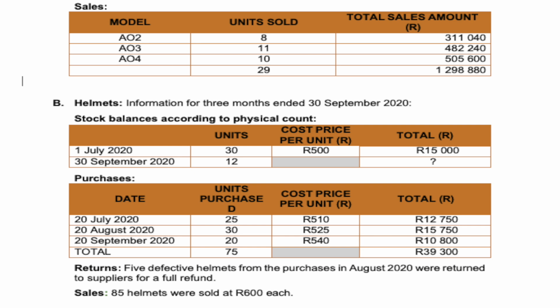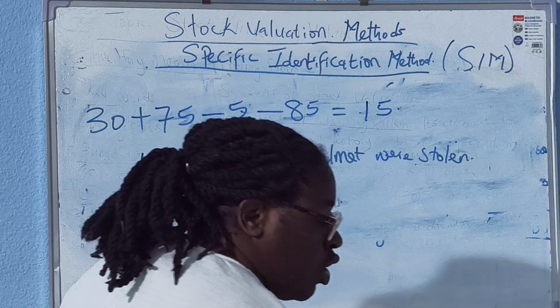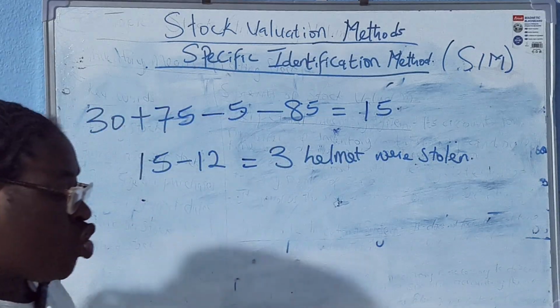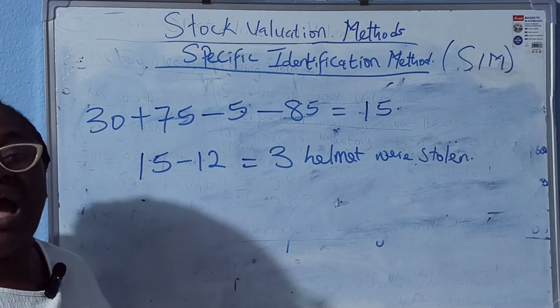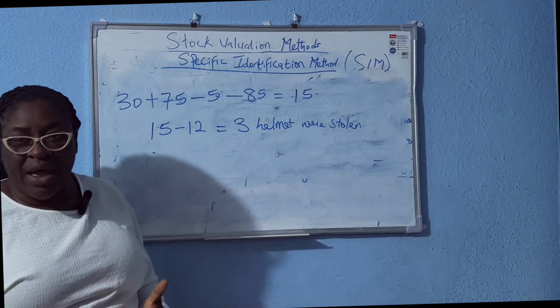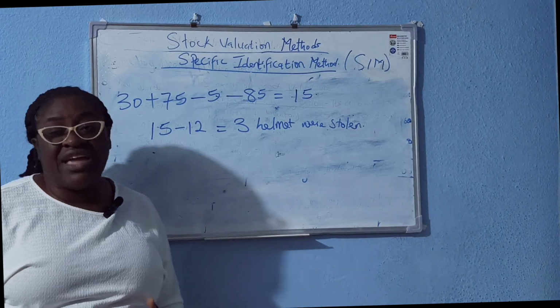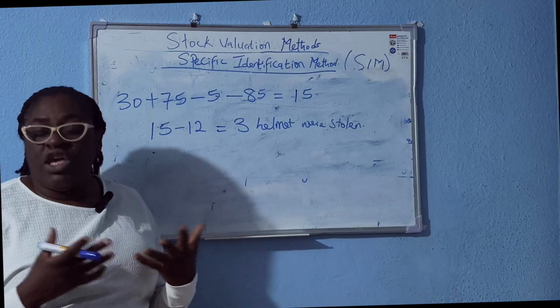And then the next question says, what can Beauty do to improve internal control of stock? State 3 points. Remember, they said this person already installed a camera. So we don't expect you to give us that answer of installing a camera, because the question already said a camera has been installed.